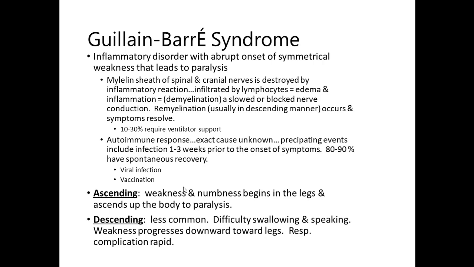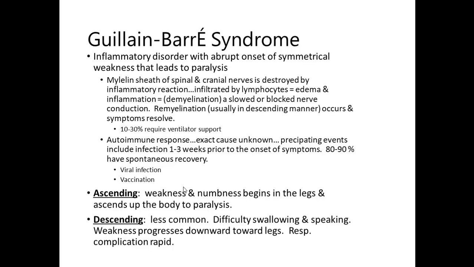Guillain-Barré is an inflammatory disorder with an abrupt onset, with symmetrical weakness that eventually will lead to paralysis. The myelin sheath of the spinal and cranial nerves is destroyed because of inflammation, infiltrated by lymphocytes, which takes the myelin sheath off and slows or blocks nerve conduction.